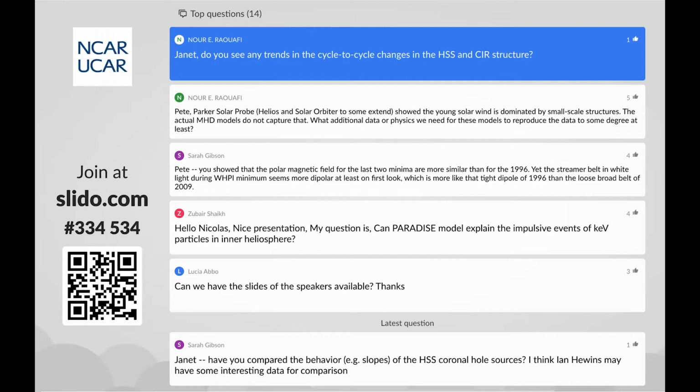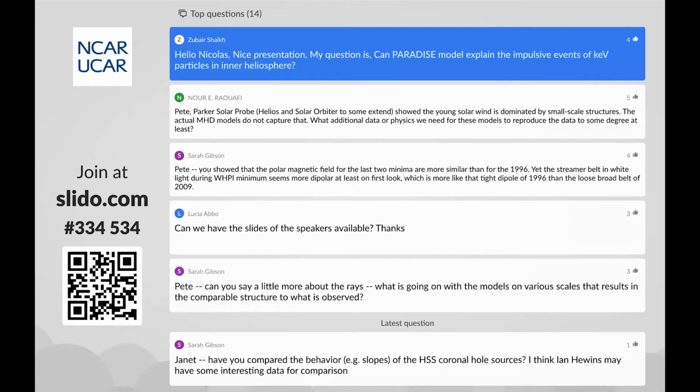The last question was, if I remember correctly, about the crossfield diffusion, right? So the crossfield diffusion in PARADISE, we have actually done some different simulations. For this particular study, in the case of the CIR event, we have done simulations with different values of the perpendicular mean free path, and the one that I presented here was the one that gave the best agreement.